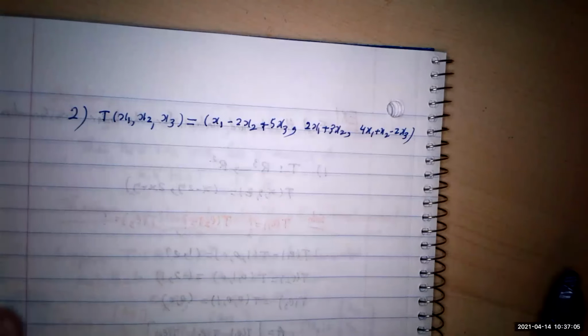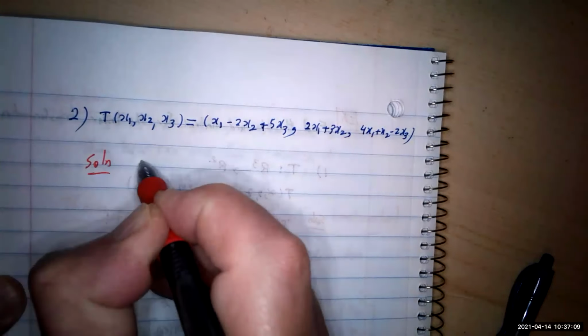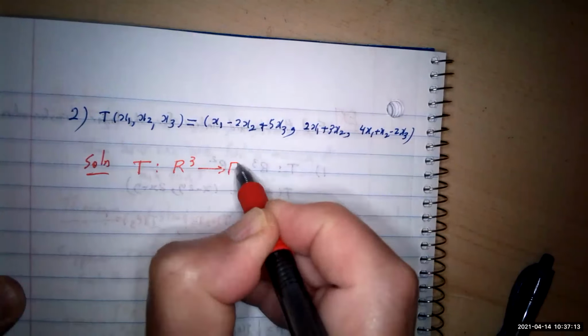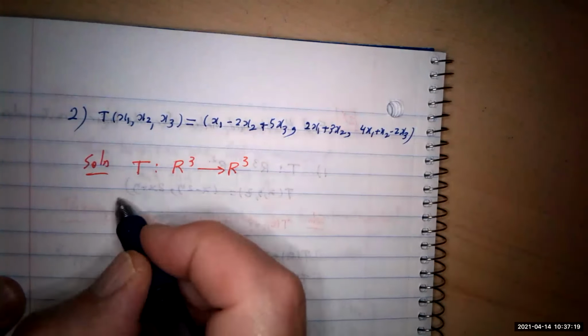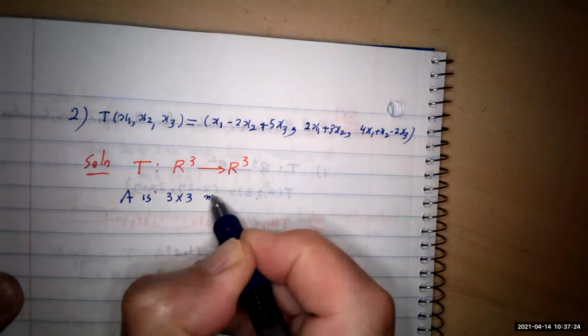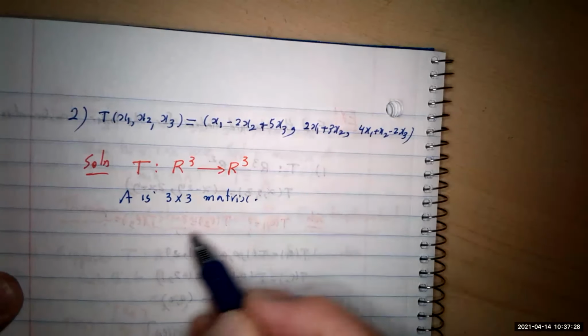So the solution is that T is a function from R3 to R3, so A is a 3 by 3 matrix, and you can find it quickly.